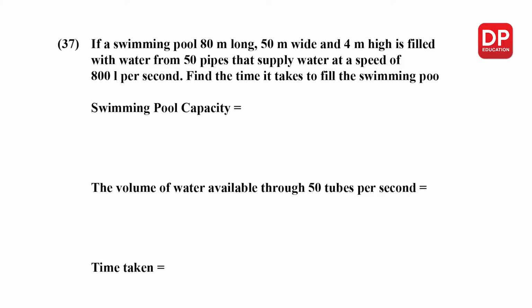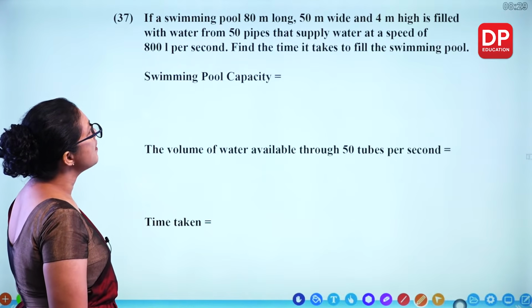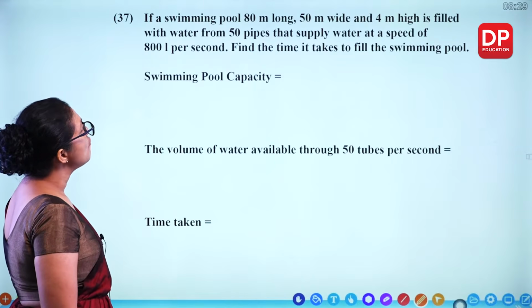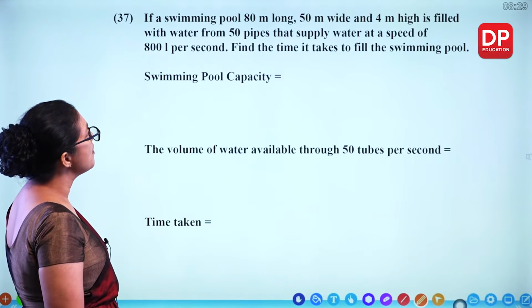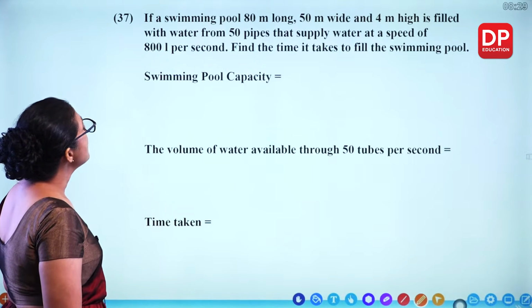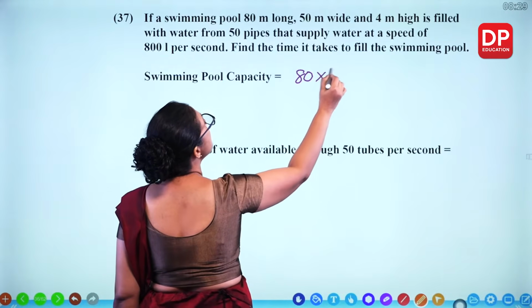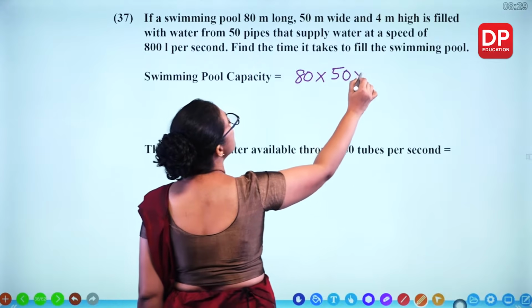Look at this question. If a swimming pool 80 meter long, 50 meter wide and 4 meter high is filled with water from 50 pipes that supply water at a speed of 800 liters per second, find the time it takes to fill the swimming pool. What's the capacity of the swimming pool? Length is 80, width is 50 and 4 meter high.